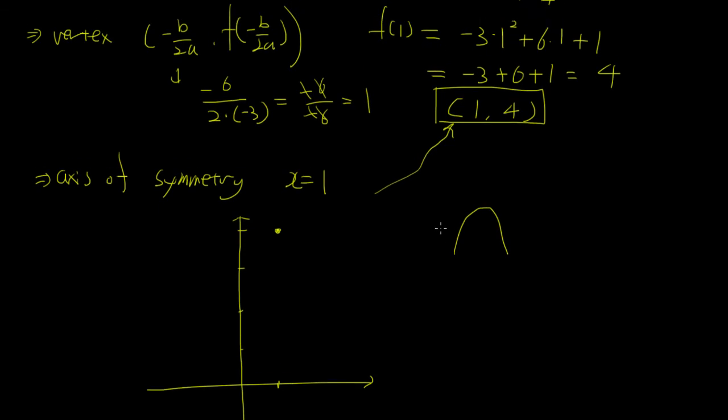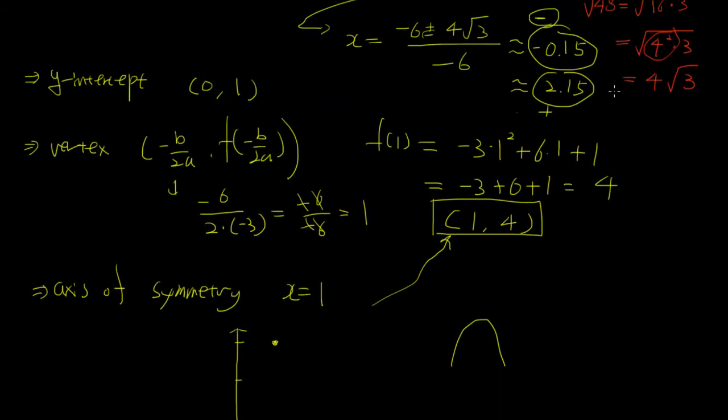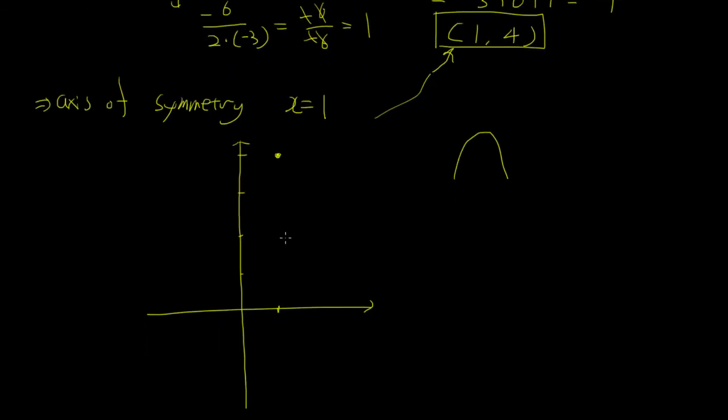And remember here, these two are the x-intercept values. So right about here, negative 0.15. And this is 2, so a little bit over here, 2.15 is going to be our x-intercept value.